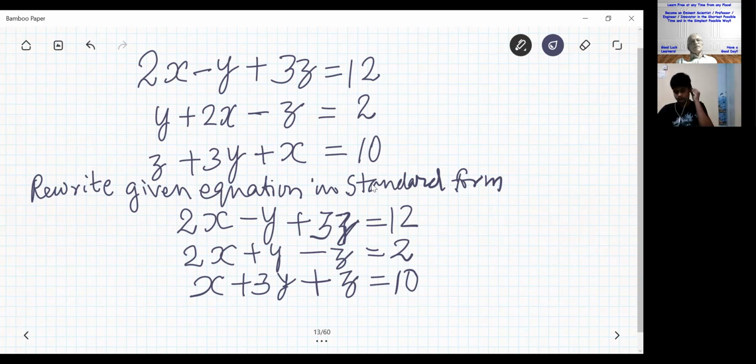Minus means we have to write. Any number written without sign is positive. If it is negative, we have to write the minus sign on the left side. Then the third column is 3, minus 1, 1. Correct.